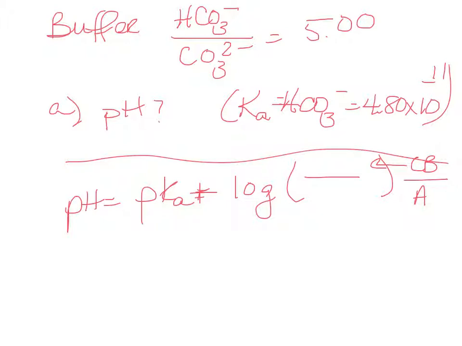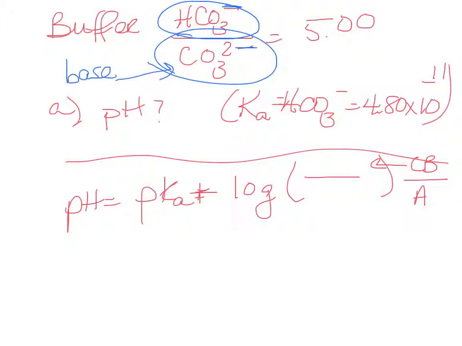Well, if you look at our two components, which one of these is the acid and which one is the base? They both have a negative sign, which might throw you off because it's unusual to see an acid with a negative sign. But clearly, the carbonate has to be the base because it doesn't even have a hydrogen to donate. And the hydrogen carbonate has to be the acid.